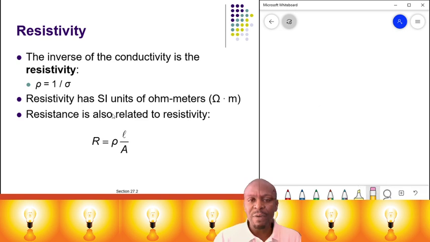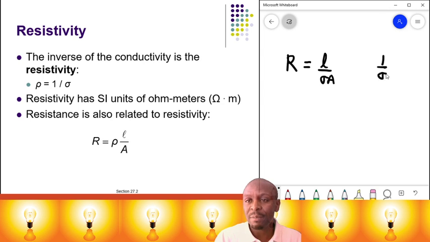Now, the unit of the resistivity is ohm meter. Resistance is also related to this resistivity by this equation. You remember that we find the resistance as equal to L divided by sigma A. But now we know that 1 over sigma is just equal to rho.